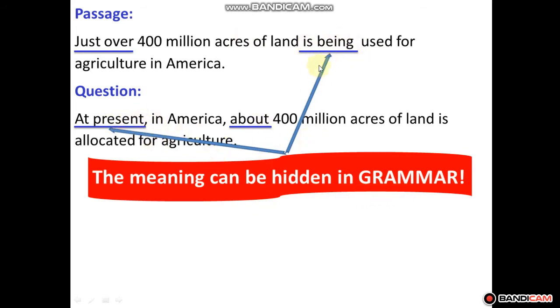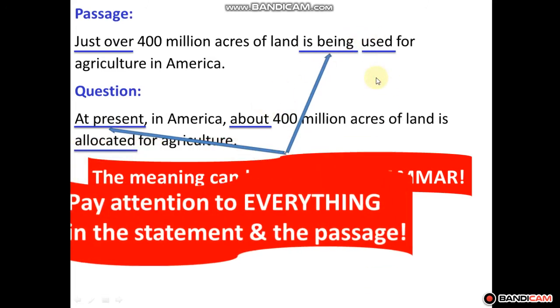Is being exactly gives a signal to the words at present. All right. So the meaning can be hidden in grammar. You have to consider the grammar as well. All right. Don't forget. Allocated, and we have used. Fine. That means the same.